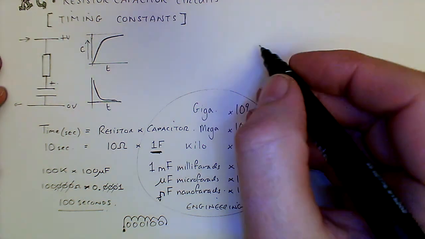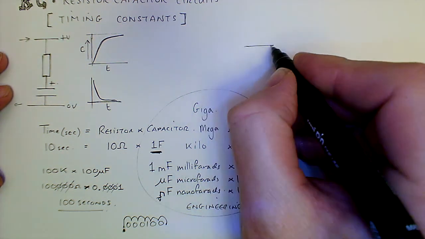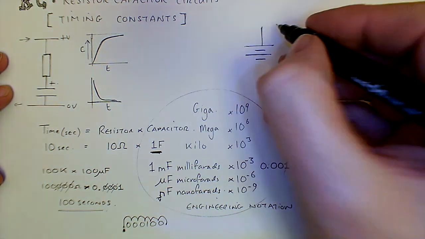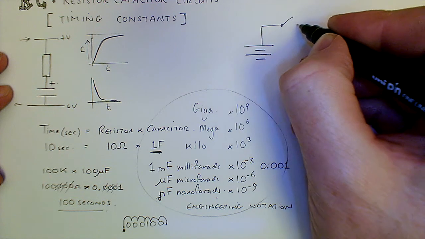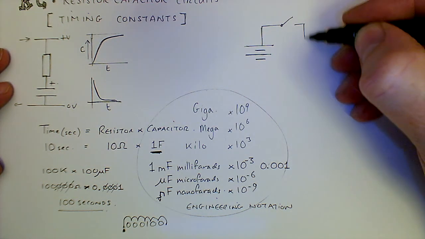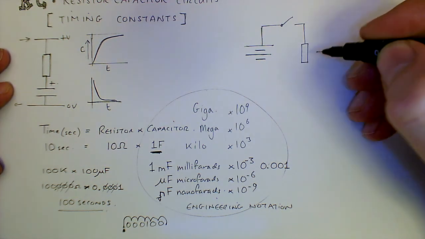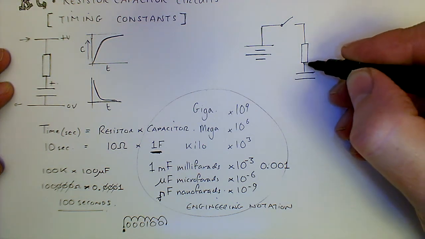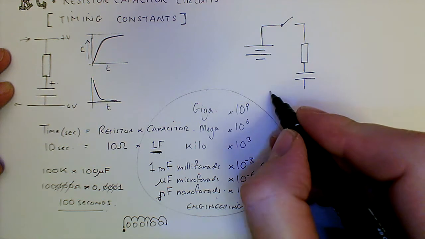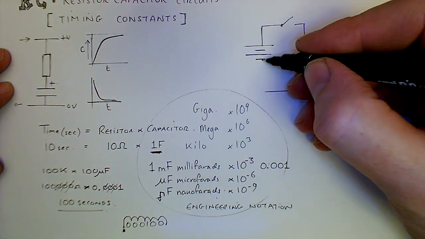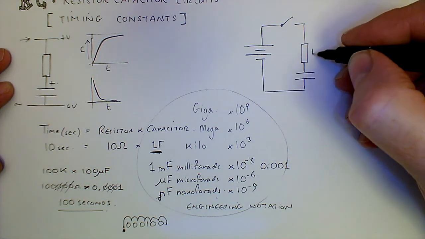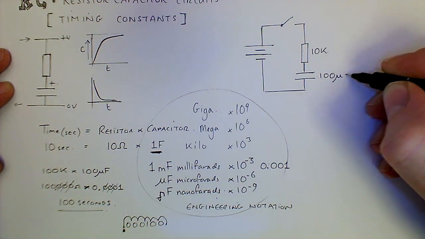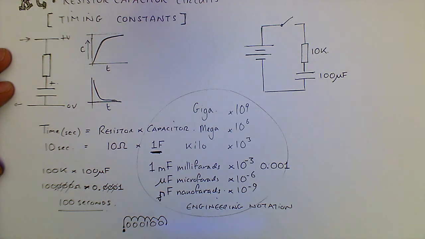So let's have a look at a circuit, to give you a little bit of something to think about. I've got a power source, a switch, a resistor, and a capacitor. I'm going to go for 10k here, and 100 microfarads there.